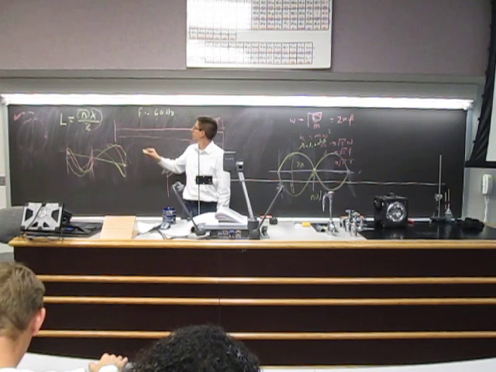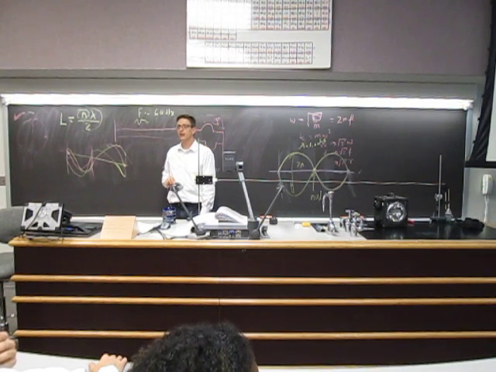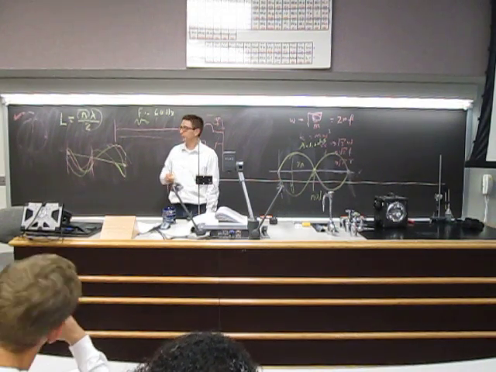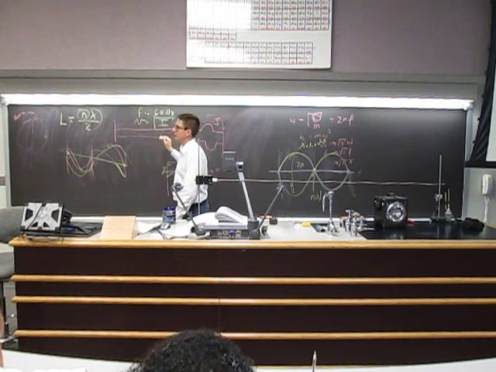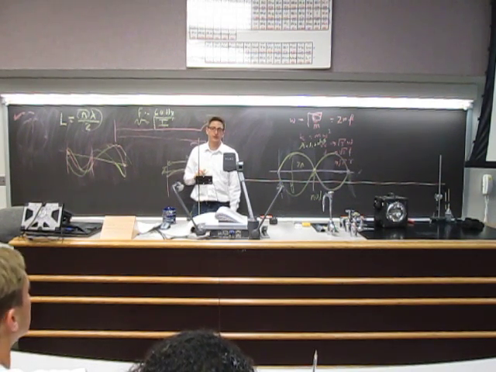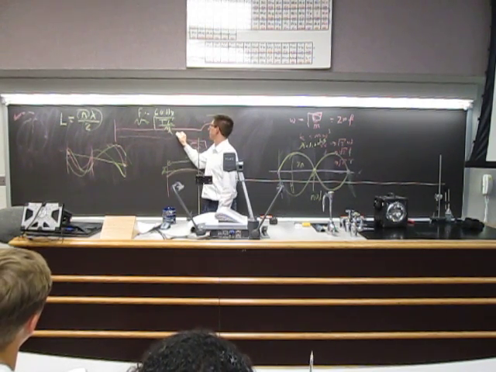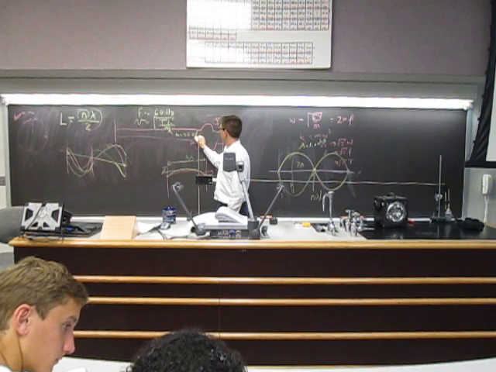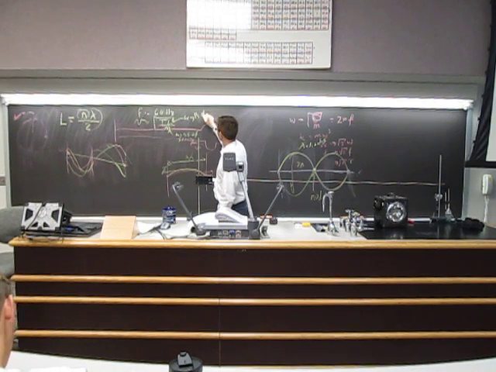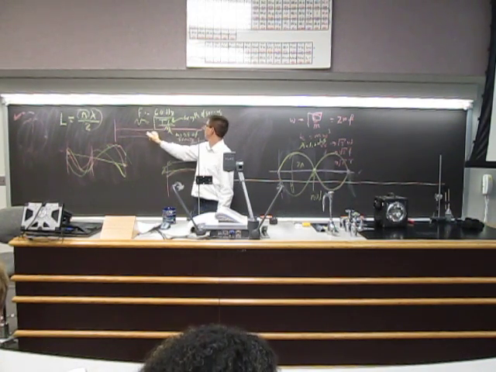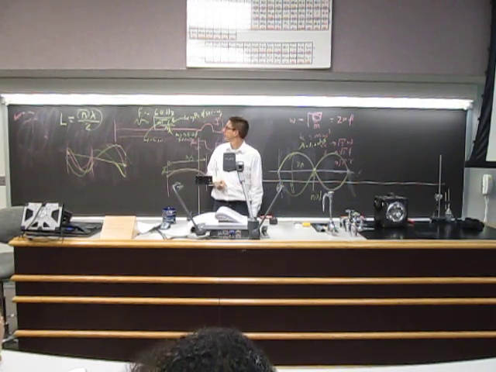And there's a formula for the wave speed in a string. We don't have to really know this at this point, but it's the square root of the tension over the mass per length of this string. So L is the length of string, M is the mass of string, and T is the tension.